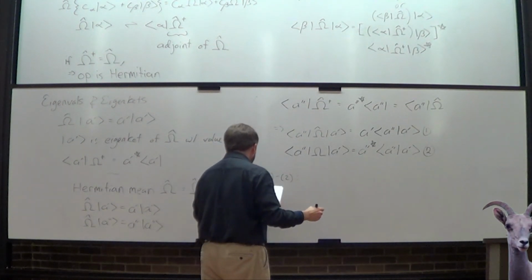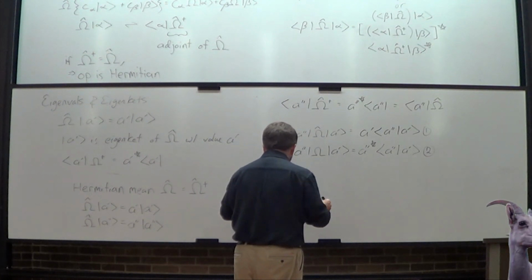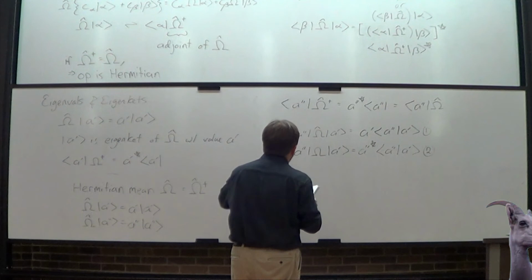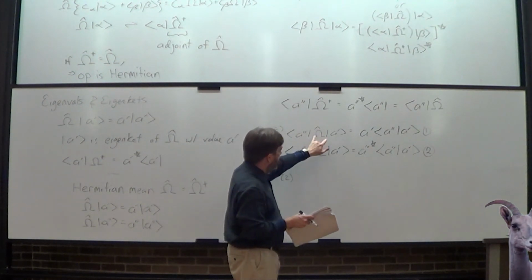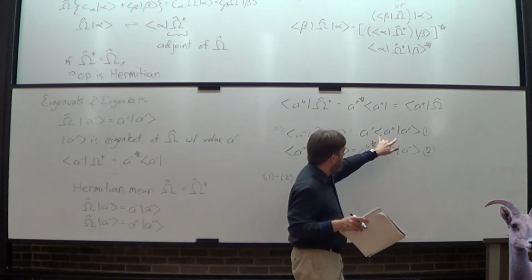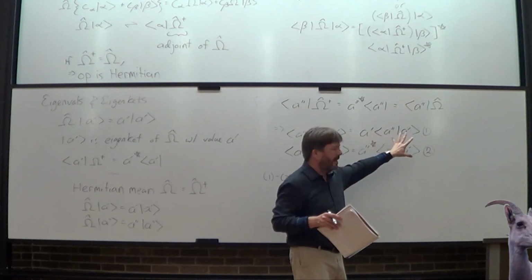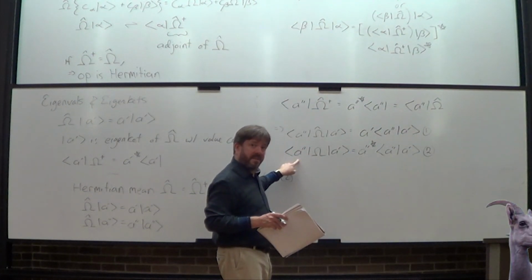And what do you get? This minus this is going to be a little hard to follow, so I'm not just taking this, but I'm taking the whole thing. This minus this is 0, because this is the same thing.